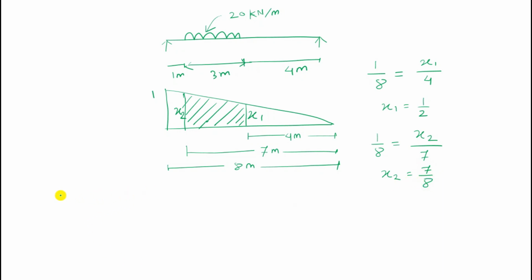So now calculate the area. Area will be half plus 7 by 8 divided by 2 multiplied by 3.